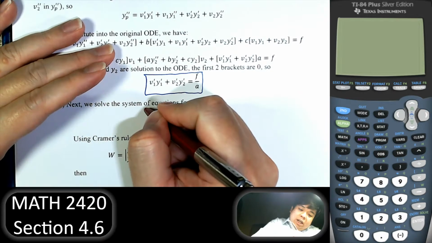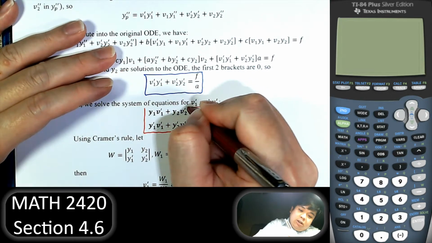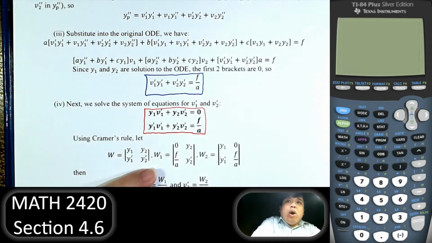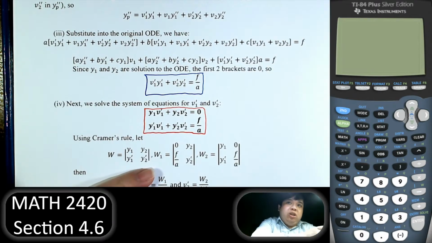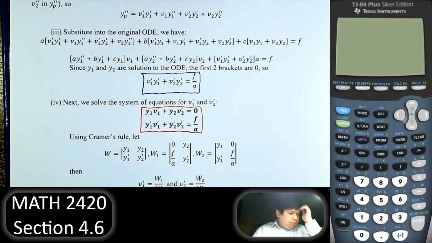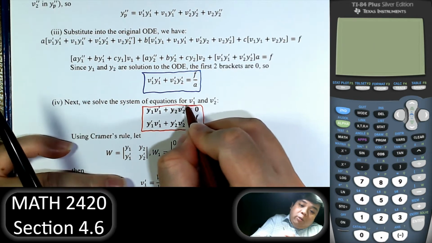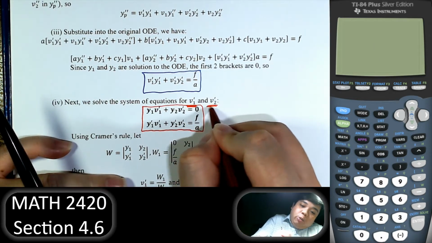And how do we solve for v1 and v2? Well, in order to solve for v1 and v2, we have to solve this system of equations. For a system of equations, we can use different ways, substitution, elimination. But when things get complicated with all the different functions, it is better to use Cramer's rule. By the way, the variables in this system of equations are v1 prime and v2 prime.